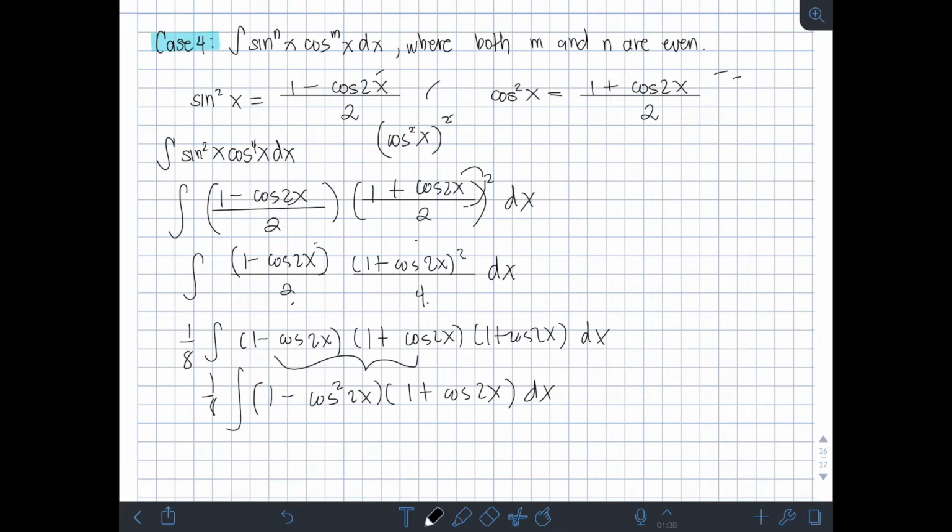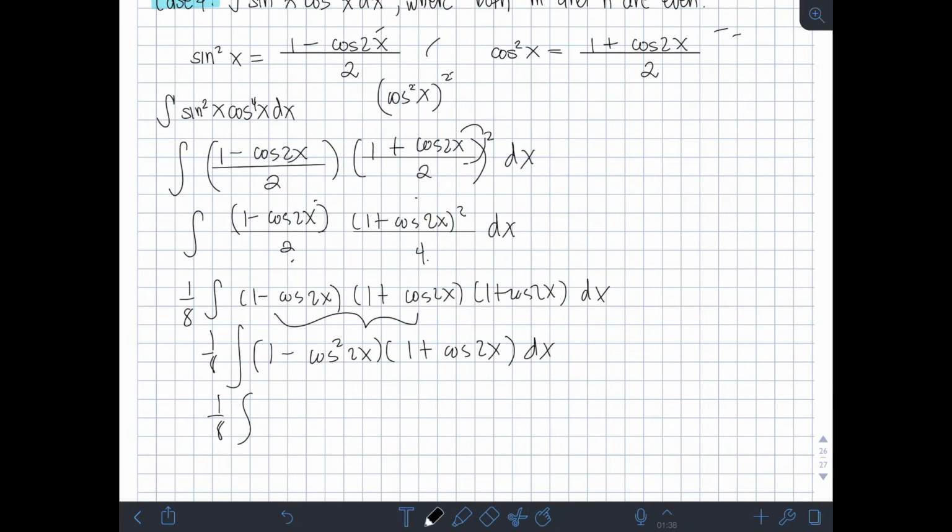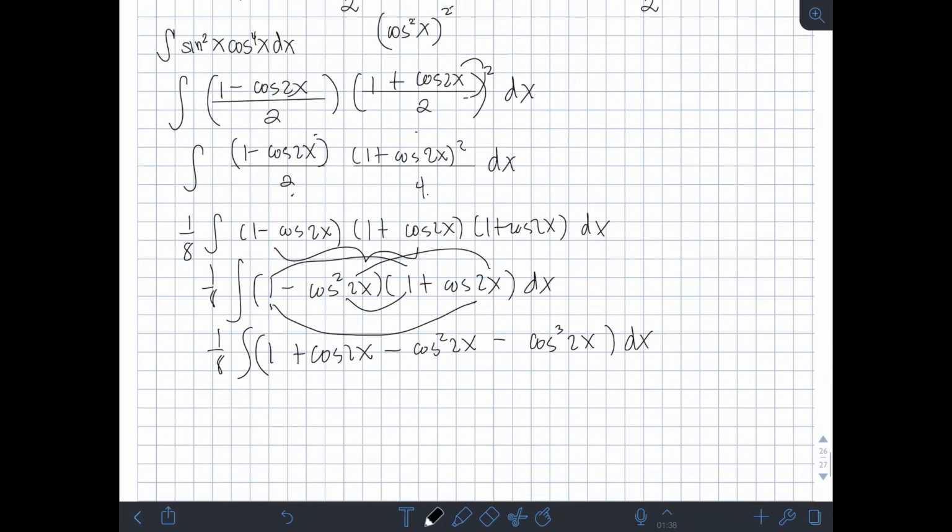Okay? So, simplifying further, we have 1/8 integral ng, so, 1, then, 1 times cos 2x is plus cos 2x. Then, negative cos squared 2x times 1 is negative cos squared 2x. And then, negative cos squared 2x times cos 2x is negative cos cube 2x. Then, dx.